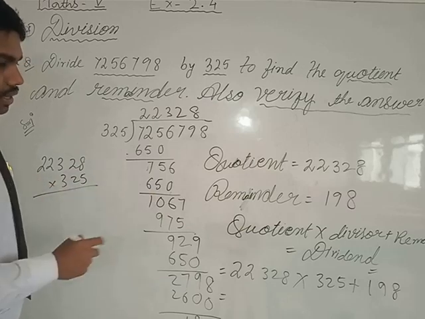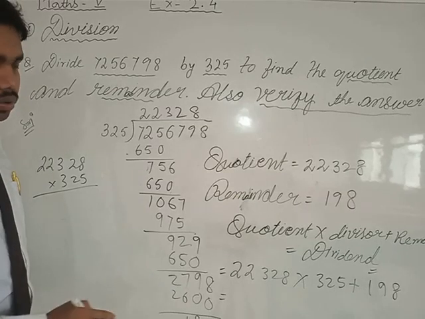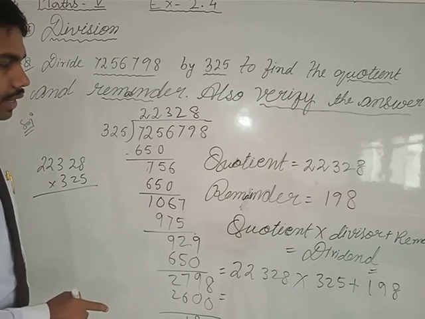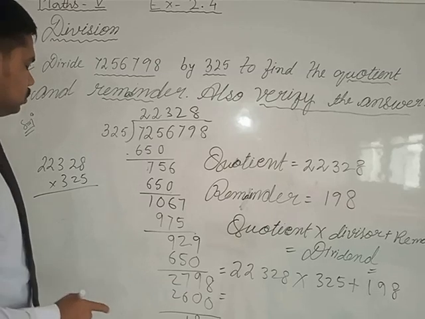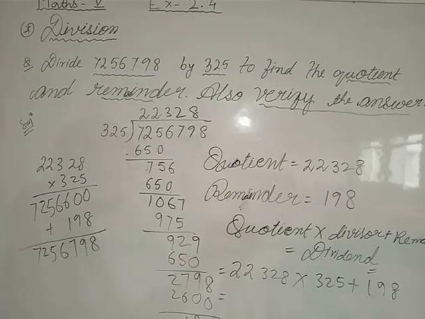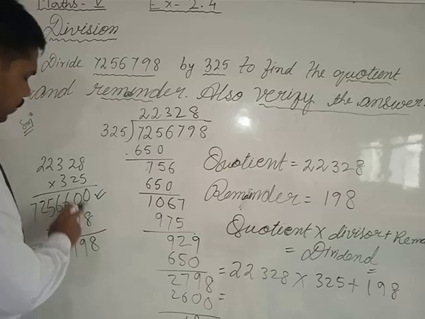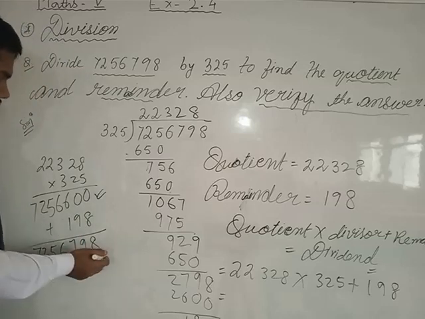After that, whatever result comes, we will add 198 to it. So do the multiplication by yourself; the result will come to this much, and when you add 198 to it, the answer will come to this much.